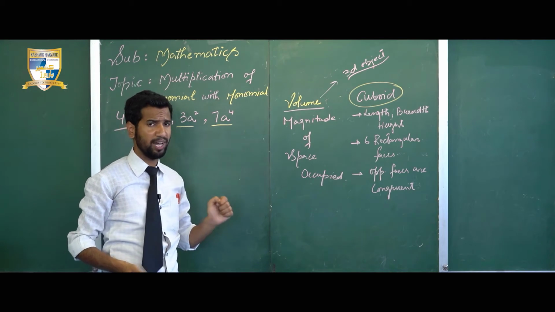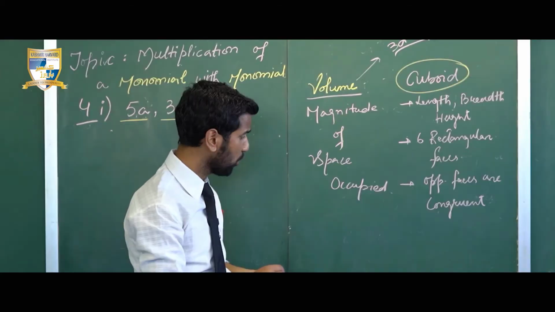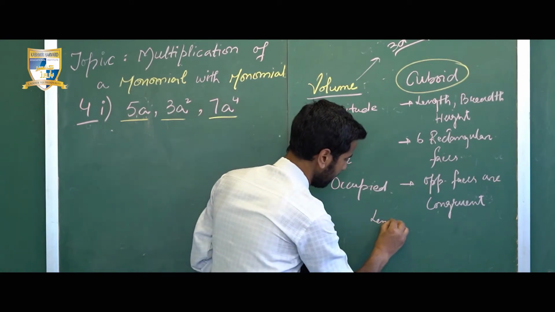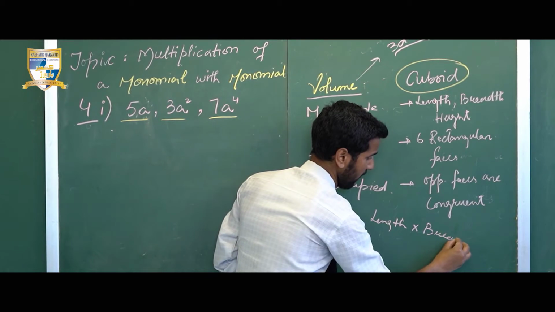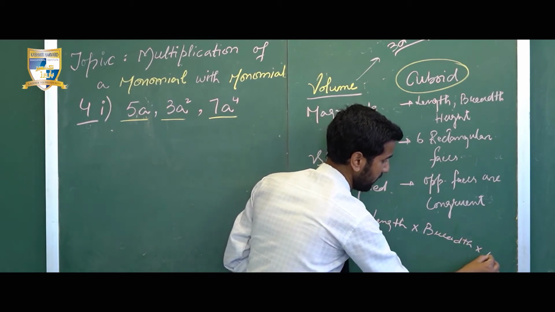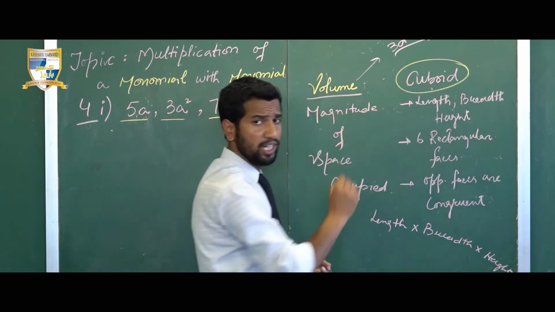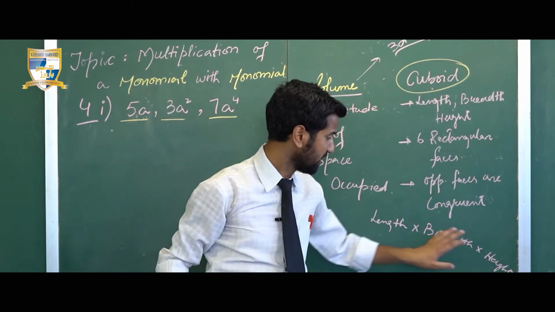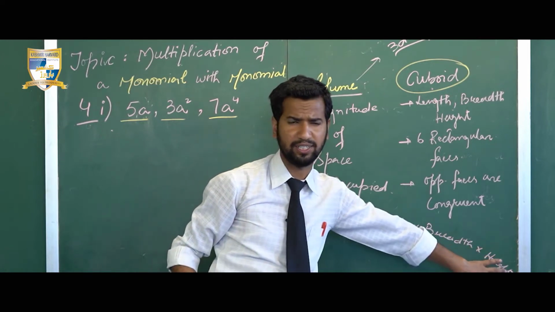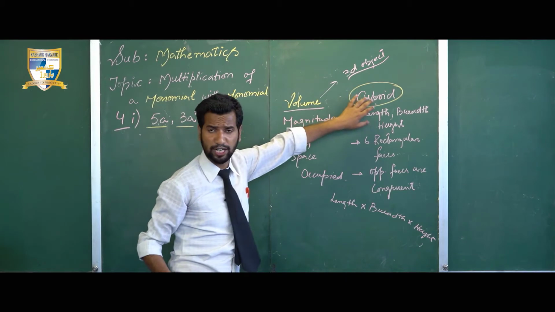But we have a formula here that states that the volume of a cuboid is equal to length into breadth into height. This means in a cuboid, if you multiply its 3 dimensions, its length with breadth and then with its height, you get the volume of that cuboid.